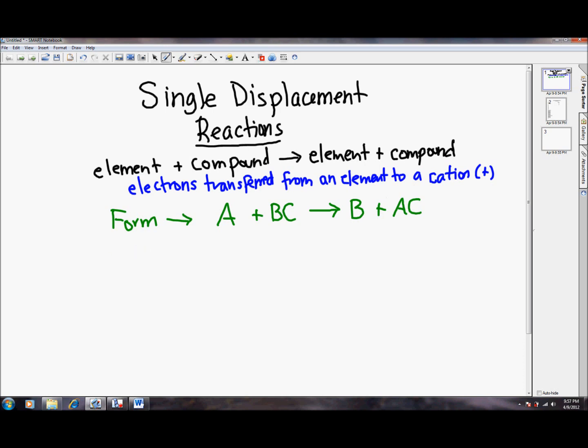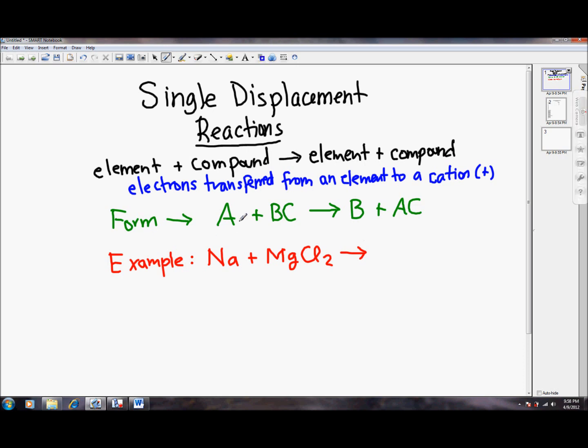So an example, sodium metal and magnesium chloride.